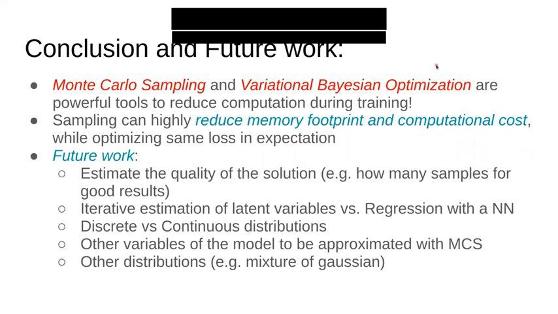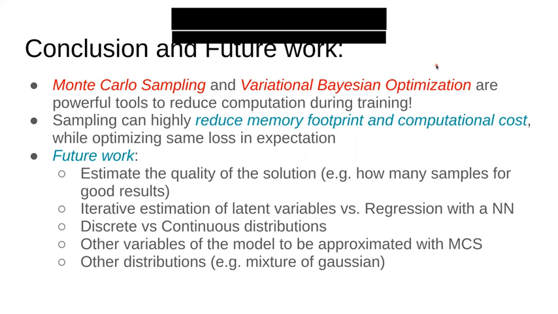And there is still a lot to do. For instance, we need to estimate the quality of the obtained solution. So for instance, how many samples we need to be able to obtain good results, because there is always this trade-off between number of samples and variance in the estimation.